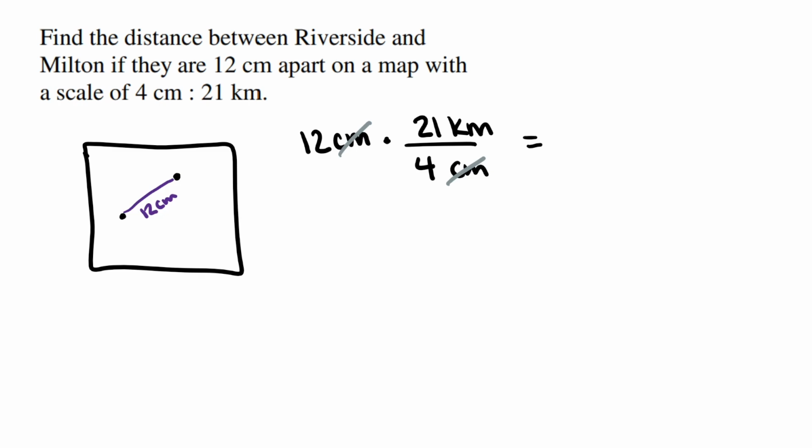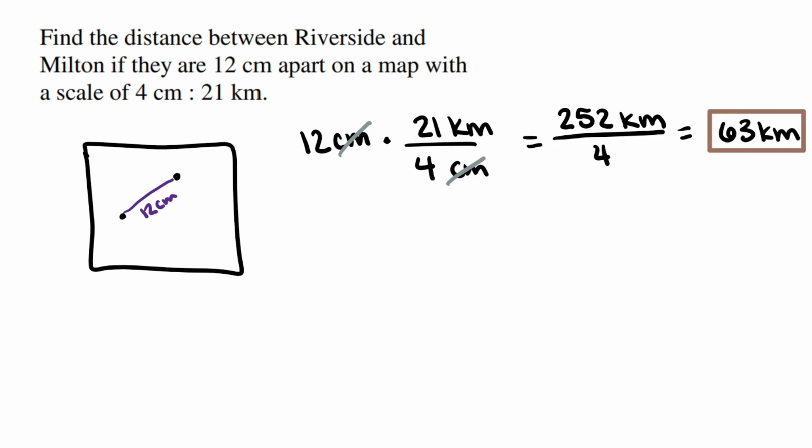12 times 21 is 252 over 4. And then when we simplify that, we get 63 kilometers, which is how far apart these two cities are. So now if we set up our proportions and do the same thing using our proportions, we would have 4 centimeters over 21 kilometers equals 12 centimeters over x kilometers.